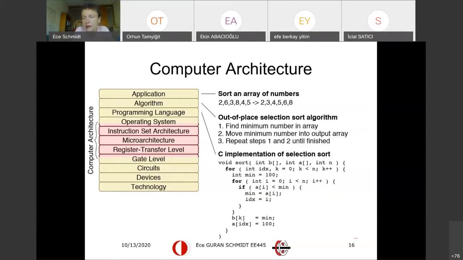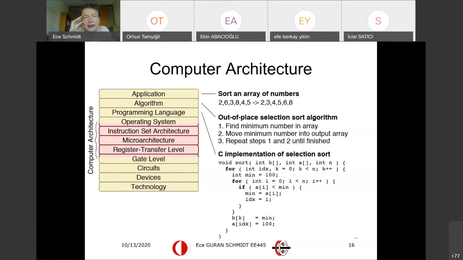The application is executing a task, so we have an algorithm to realize that. What you can do is find the minimum in the unsorted array and move the minimum into an output array. Then you keep finding the minimum among the remaining elements and moving them to the output array. So the output array is finally sorted.